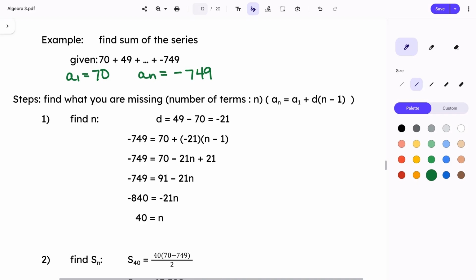You would use the formula. Our formula was n times (a1 plus a2) all over 2. But I need to know what that n is. I need to know how many terms there are here.